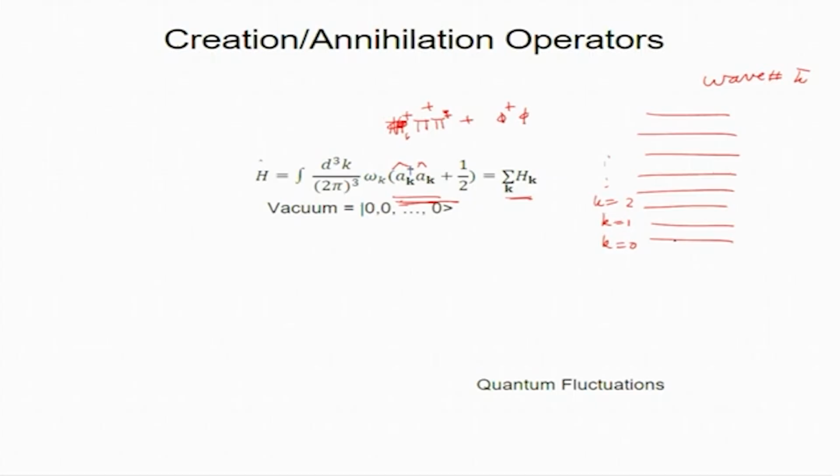Now for each wave number there are particles. There could be 0 particles or there could be 1 particle. In fact they are bosons, so there can be 2 particles. Here there is 1 particle, there are 3 particles here. So these are the possibilities in quantum field theory. To begin with, we just postulate there is a vacuum state which has no field, no particle in any of the wave numbers, it is an empty state.